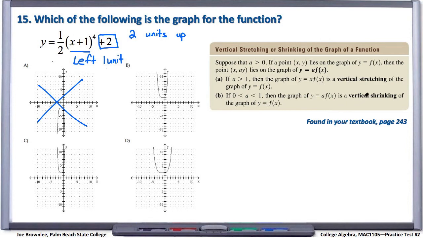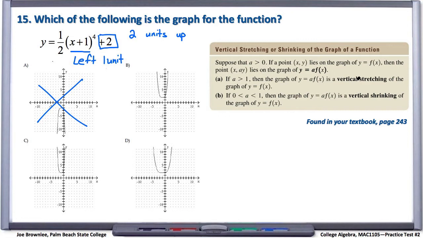Vertical stretching and shrinking occurs based on what the coefficient of this first term is. We usually refer to this coefficient as a, the letter a as in apple. If that coefficient is greater than 1, then the graph is going to have some sort of vertical stretching.